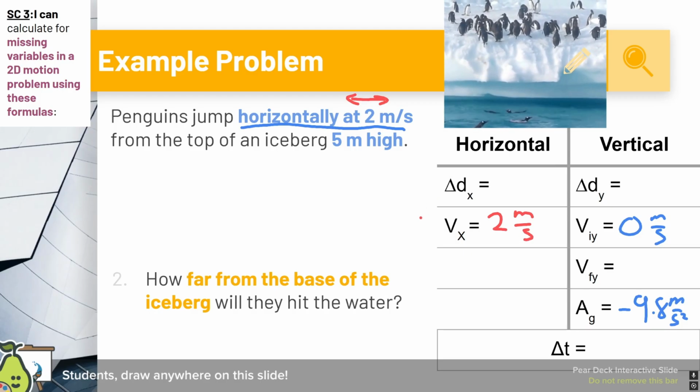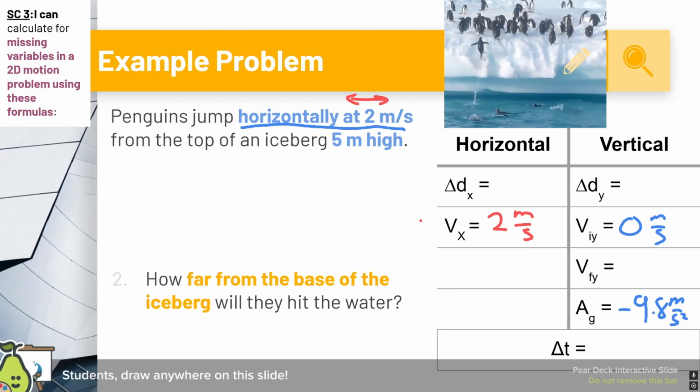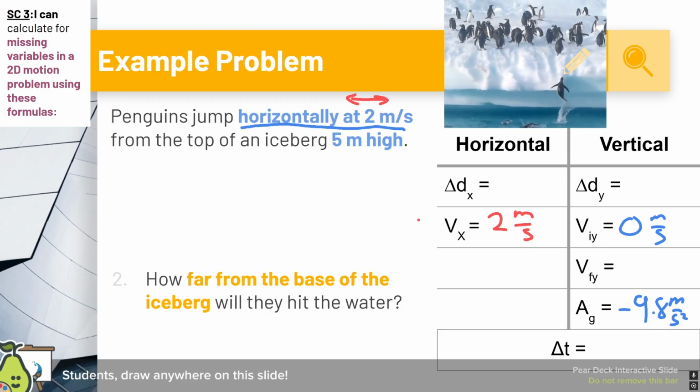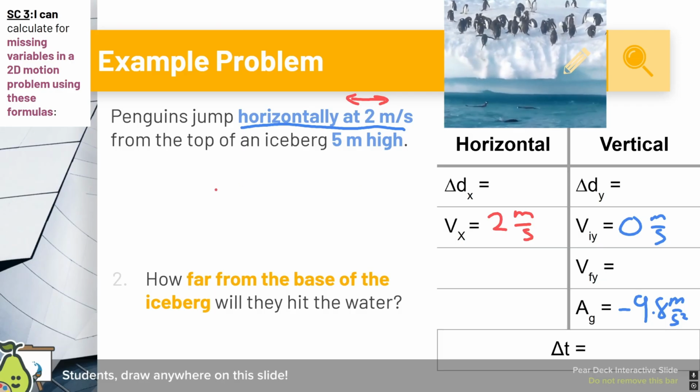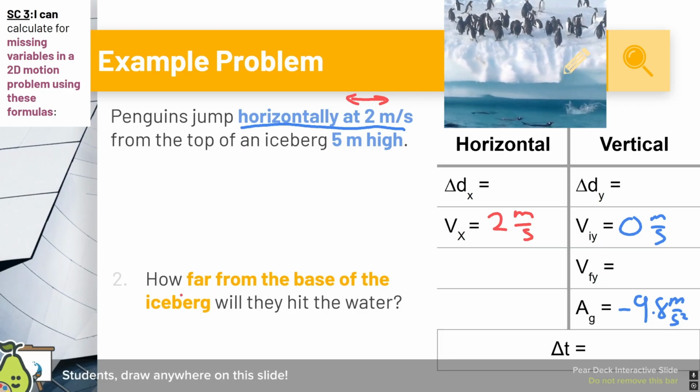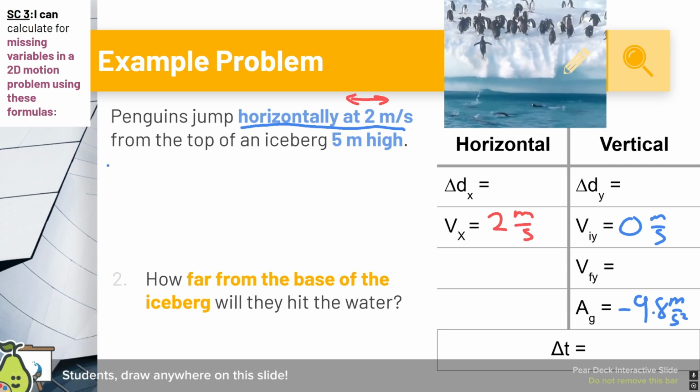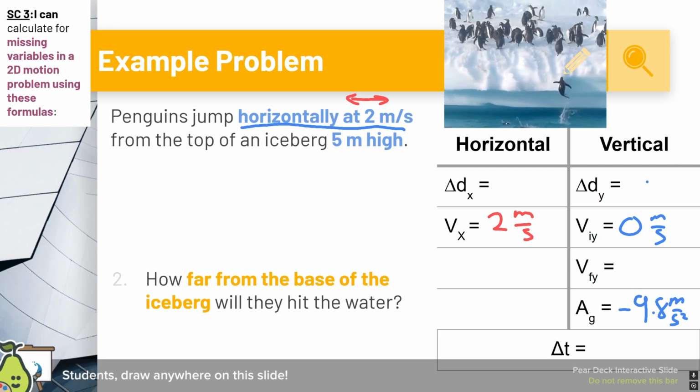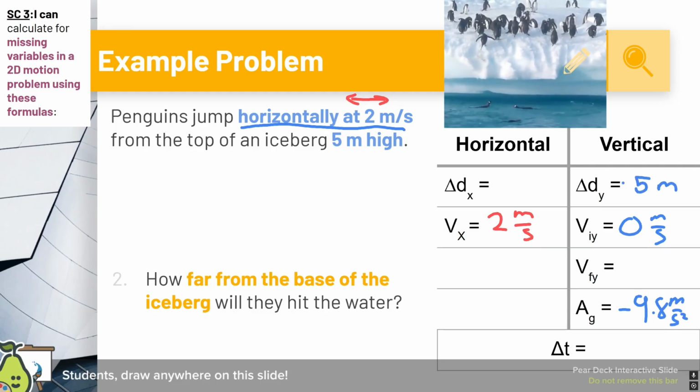This problem is a lot closer to what you guys have already seen in the other practice problem with me. So I am quickly going to finish writing these out, and then we're going to talk about it. So from the top of an iceberg, we are 5 meters high. So that means we're going to fall 5 meters.